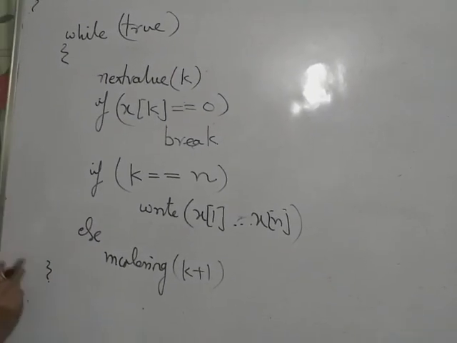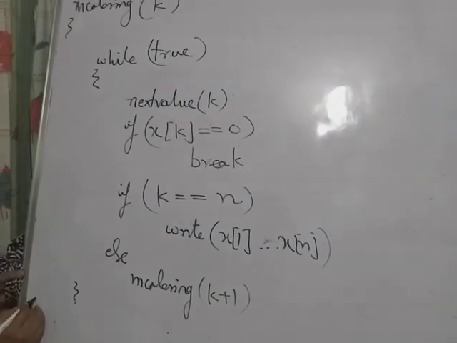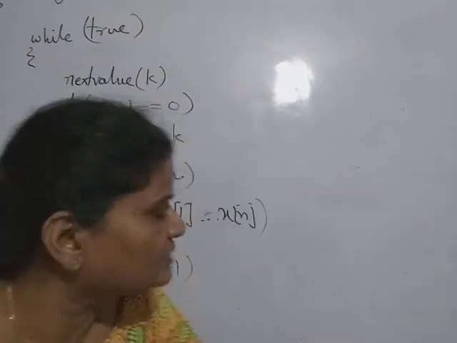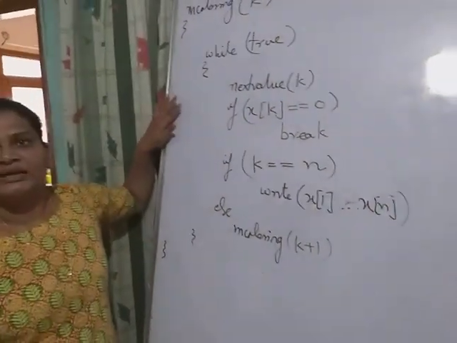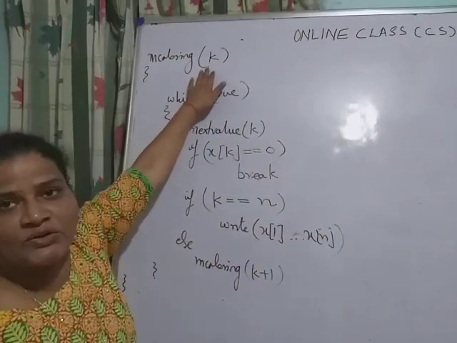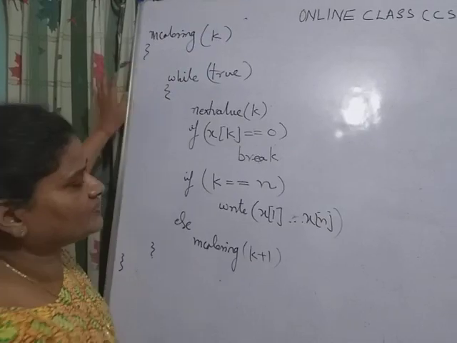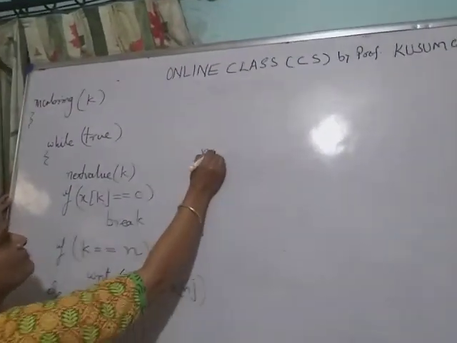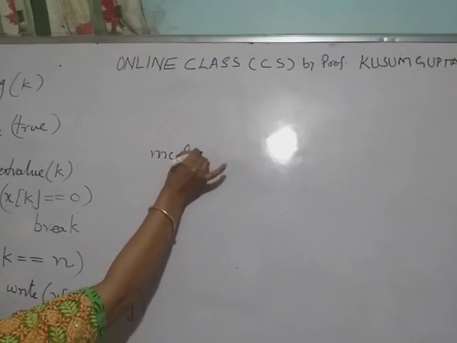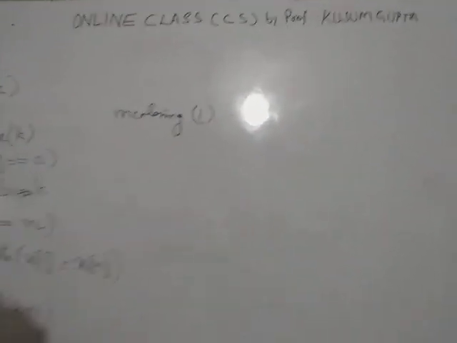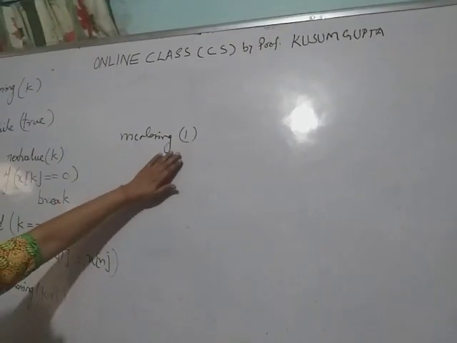This is the while loop and this is our main algorithm, and this algorithm is called from the main with the value of k as 1. So from main this function will be called as m coloring 1.